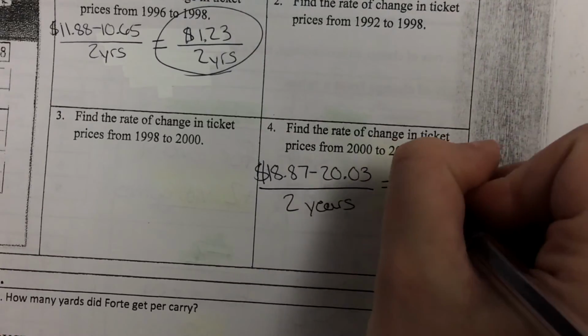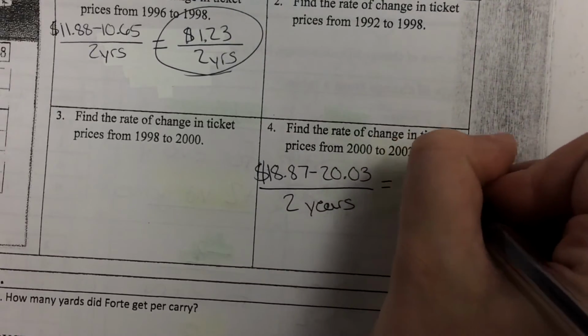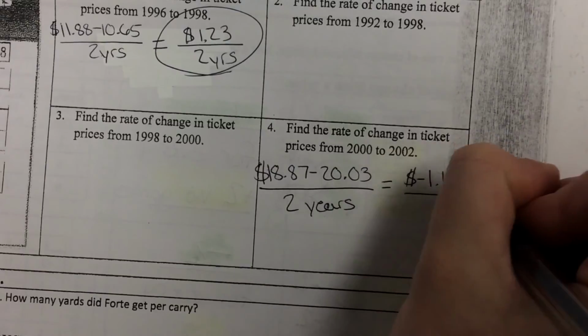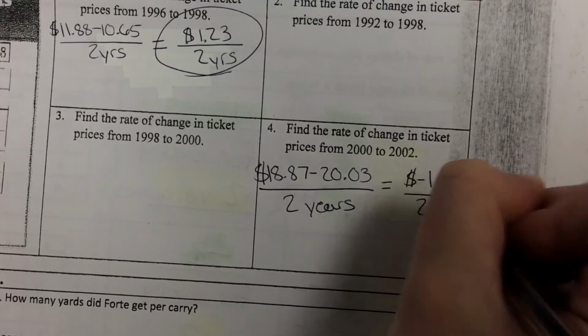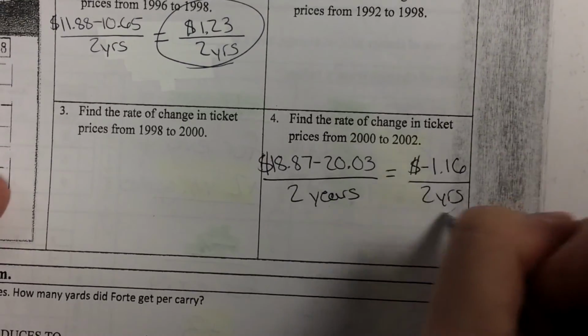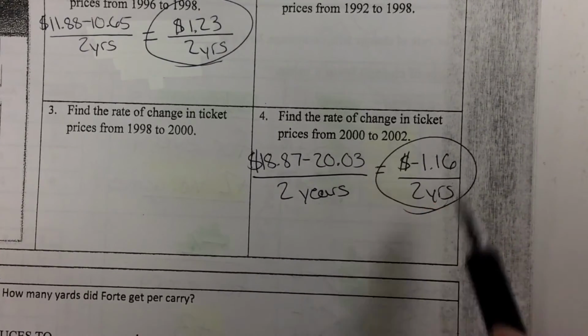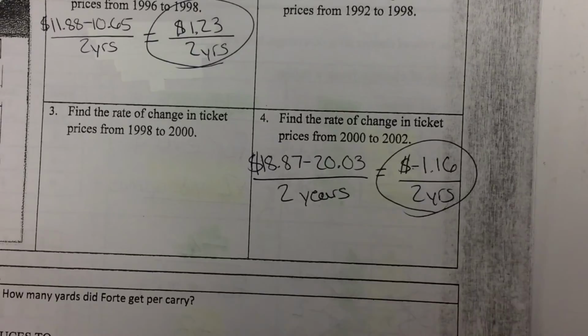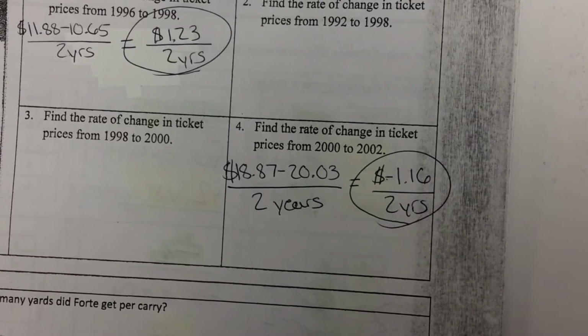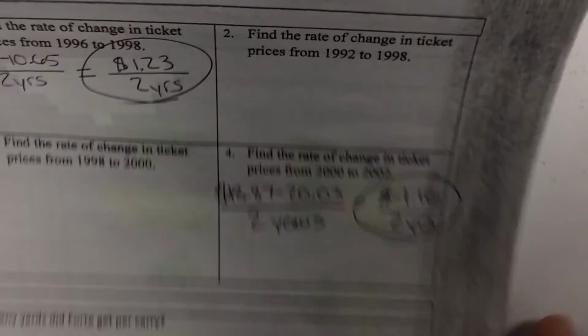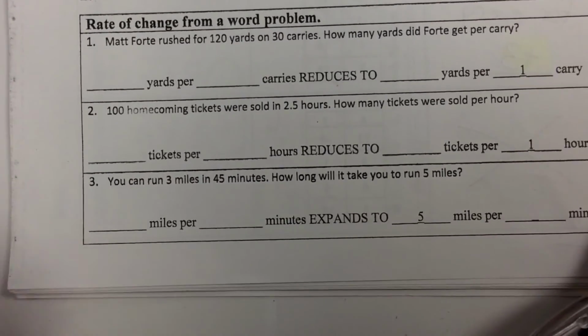And you should get negative $1.16 in 2 years. So what this means is for these 2 years, from 2000 to 2002, ticket prices actually decreased $1.16. Not good for that ballpark. Okay, so try 2 and 3 on your own, and let's skip down here to some word problems.